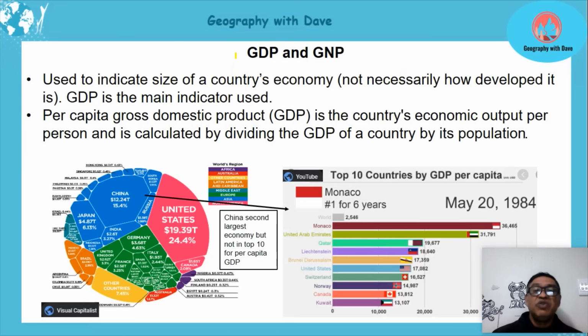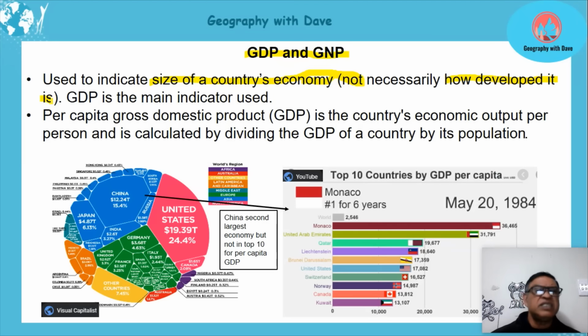Now, let's look at the GDP and the GNP and how it works. It's used to indicate the size of a country's economy and not necessarily how developed it is. I'm going to come to that point now because I know you're thinking, what am I saying here?